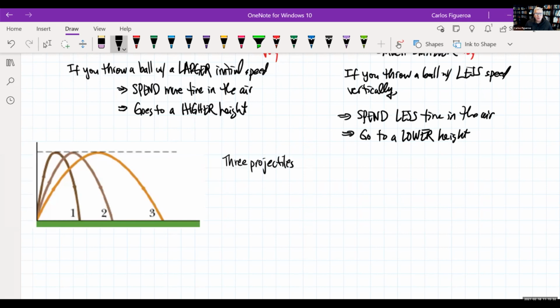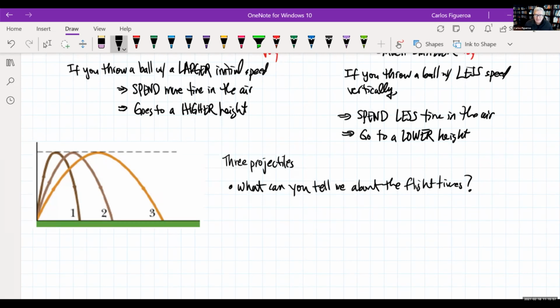And the question is, what can you tell me about the flight times? In other words, which one is going to be in the air the longest?